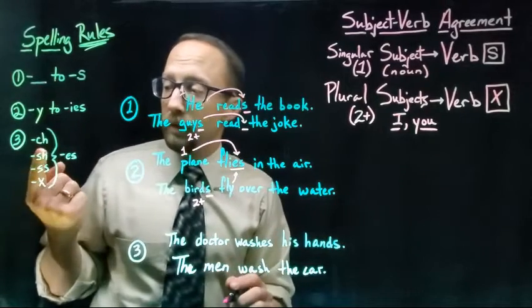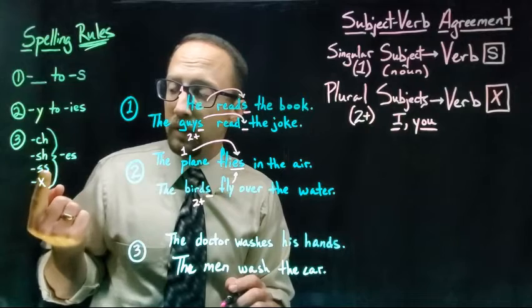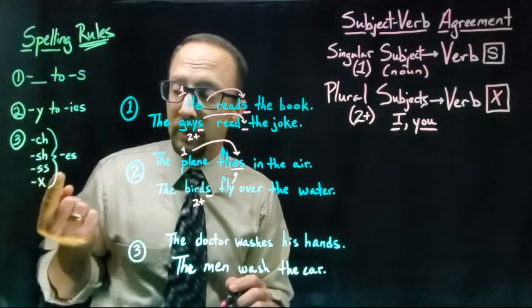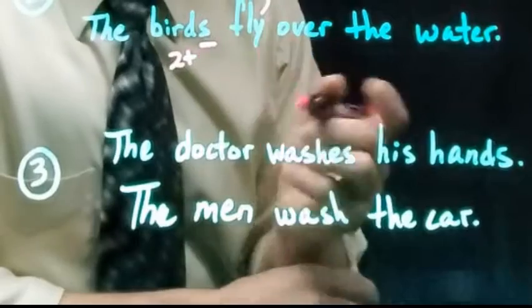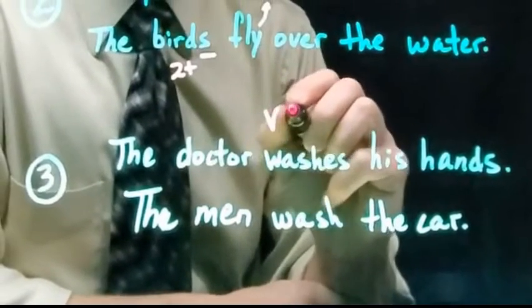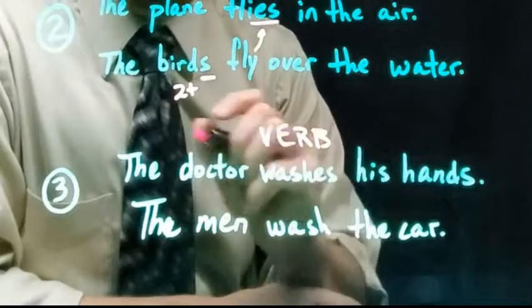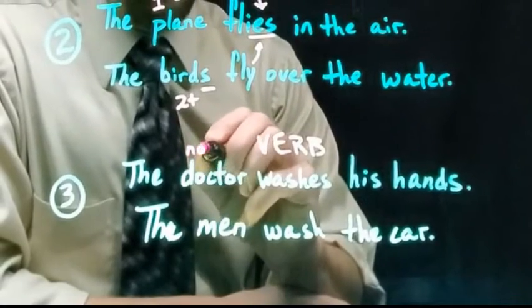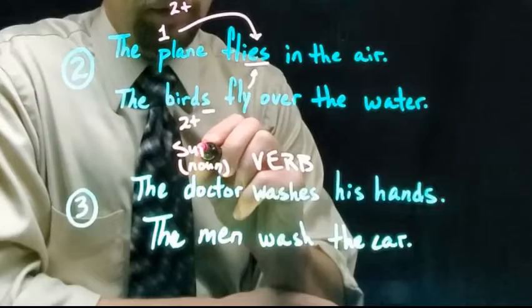Rule number 3. Any word with CH, SH, SS, or X adds ES. So we have the verb. This is our verb. This is our noun that we call the subject.